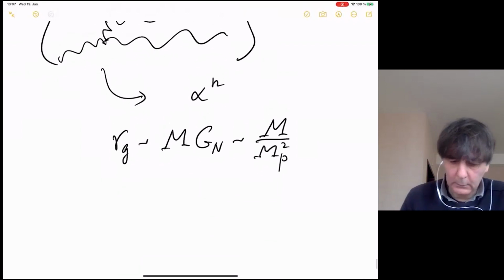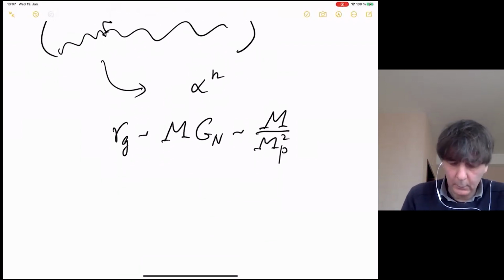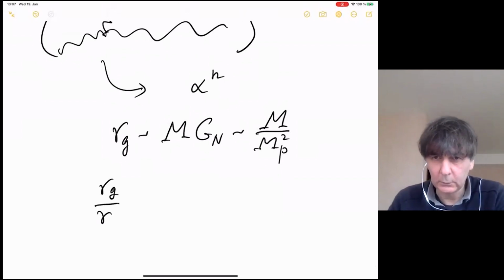And so the expansion in nonlinearities is an expansion in Rg over R.